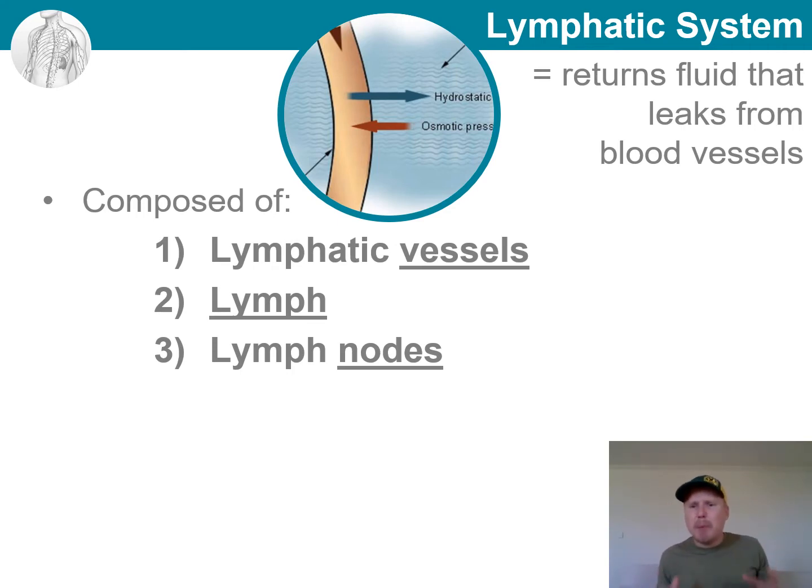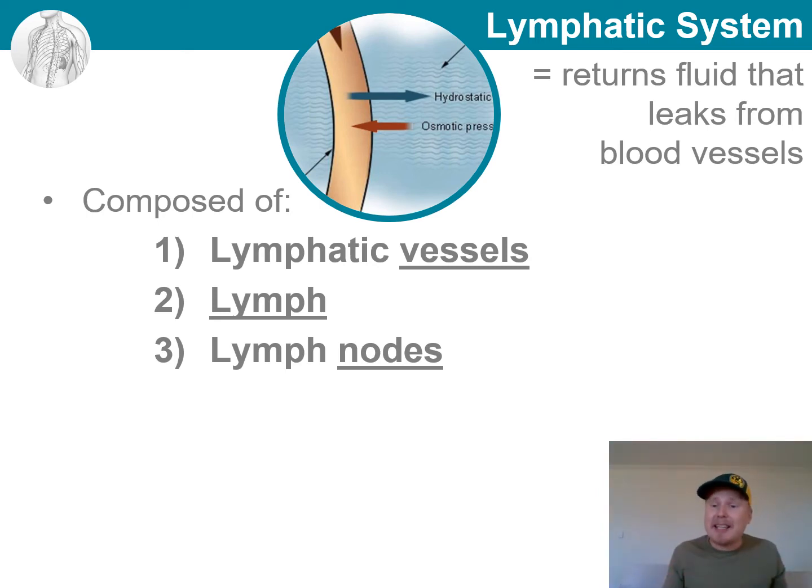These very small vessels had a very thin wall so that this exchange would be very efficient. And remember also that we had two pressures acting here: hydrostatic pressure, which pushed outwards from the vessel, and osmotic pressure, which was the force pushing back into the vessel.